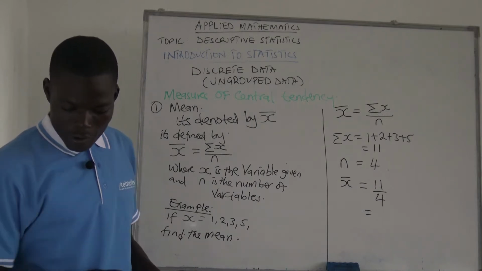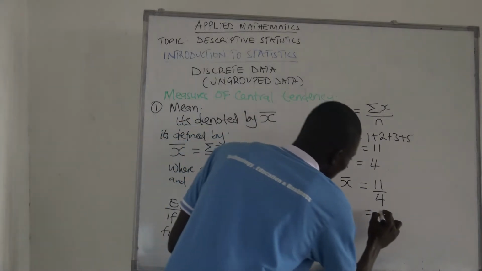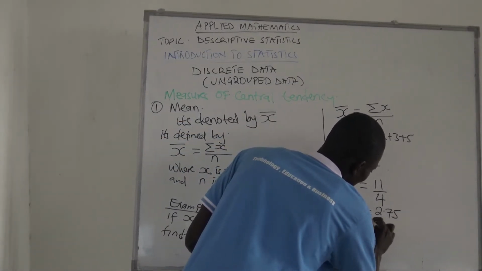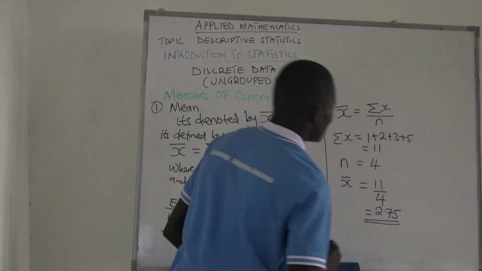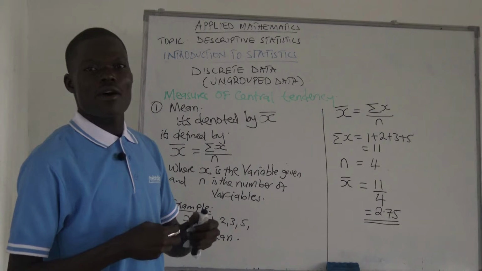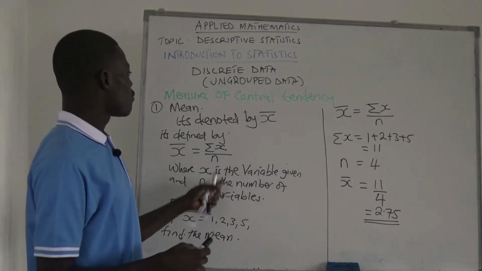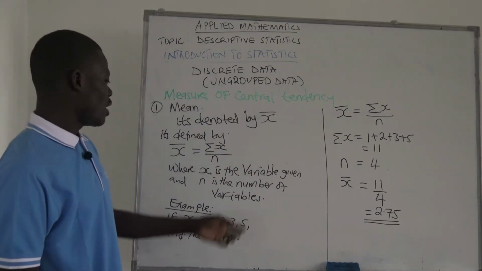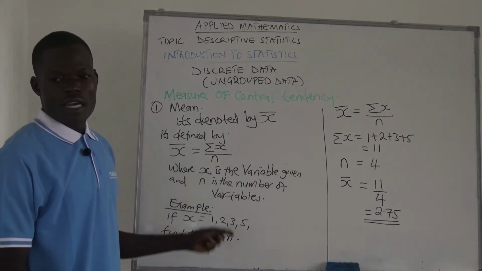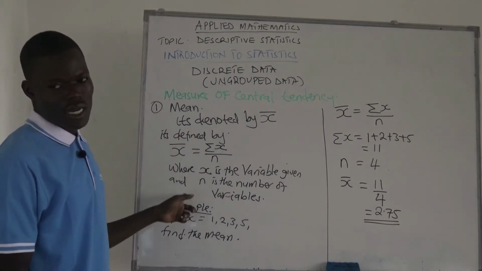Divided by 4. This one we shall get 2.75. The answer is 2.75. So that's how we calculate the mean for ungrouped data if you are given variable x.